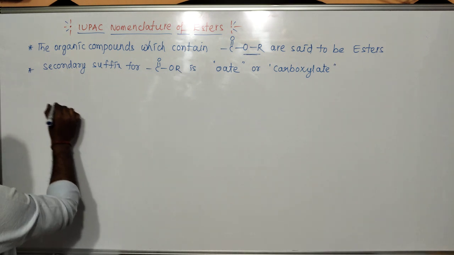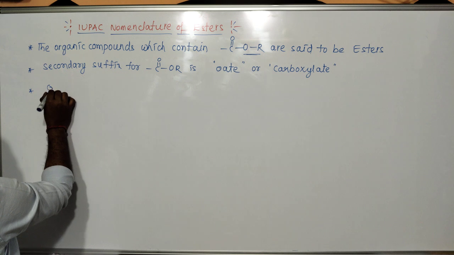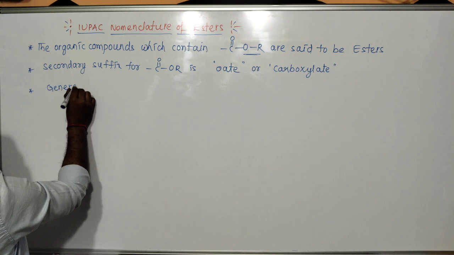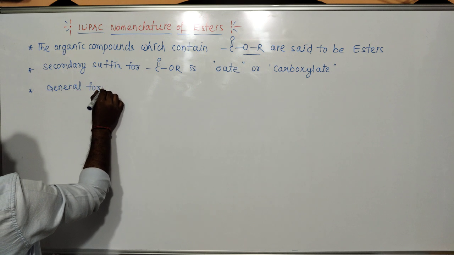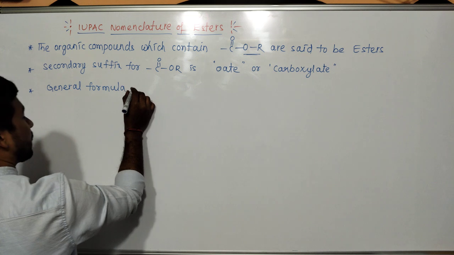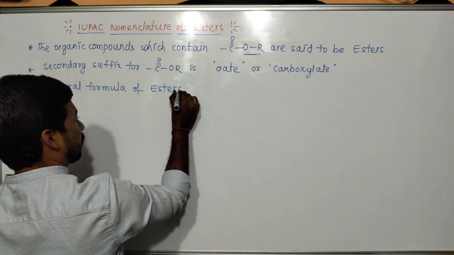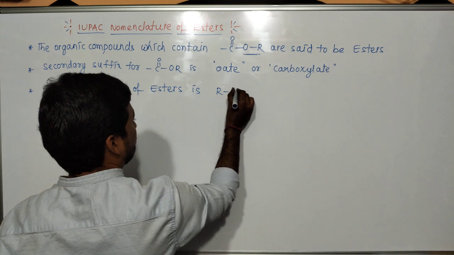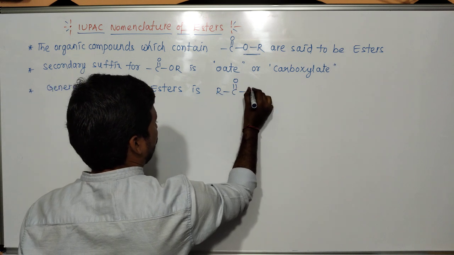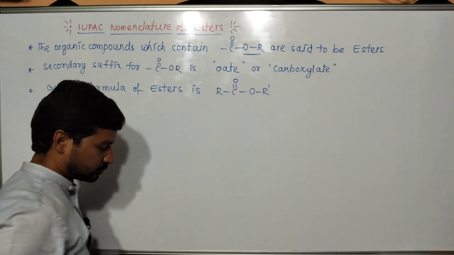Next, the general formula of esters is R C double bond O R prime.